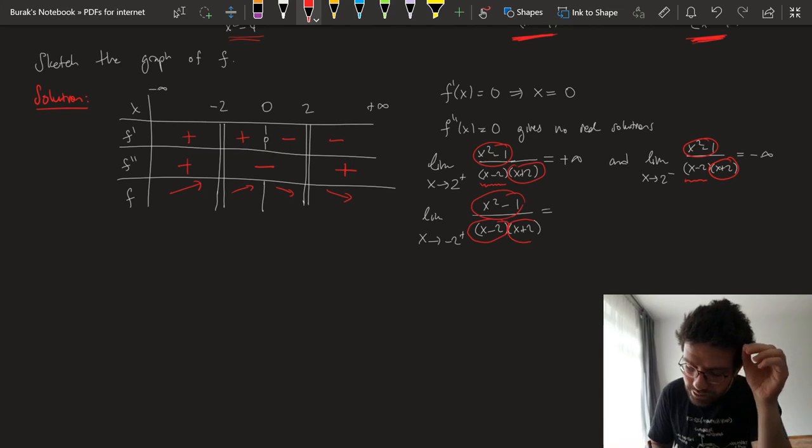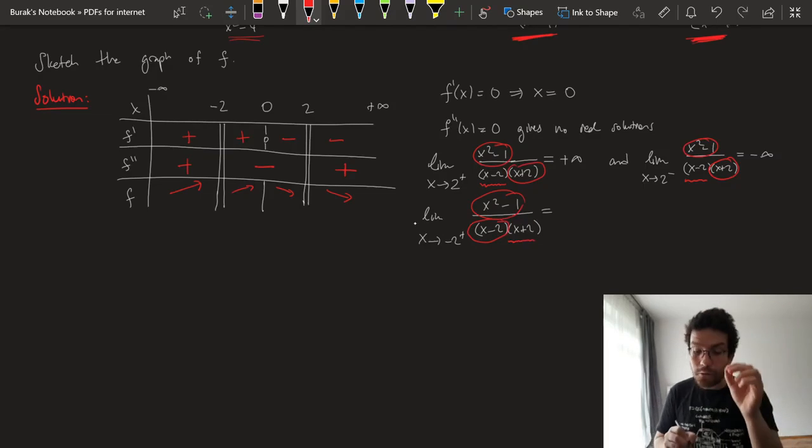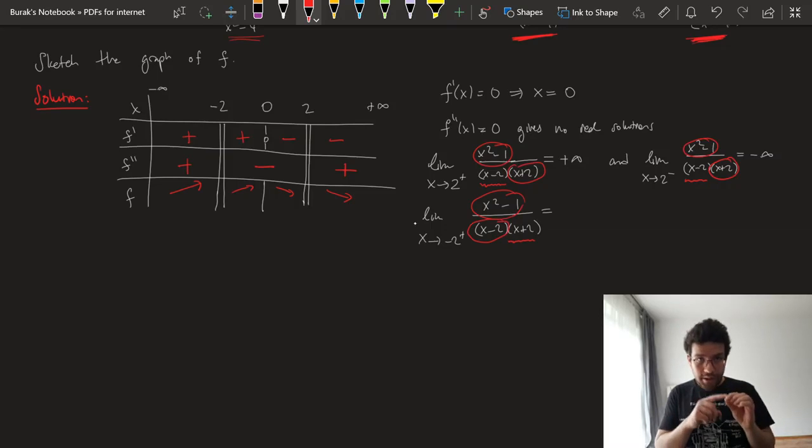This approaches 0 from right, because my x is approaching minus 2 from right, so it's bigger than minus 2 all the time. When you add plus 2, you're going to get numbers which are positive, which are approaching 0. So this is approaching 0. The second term is approaching 0 from right with positive numbers.